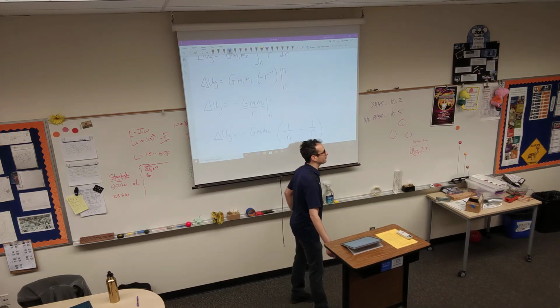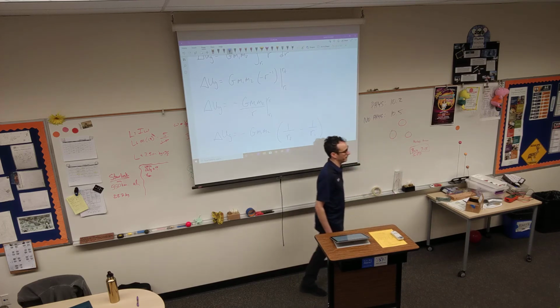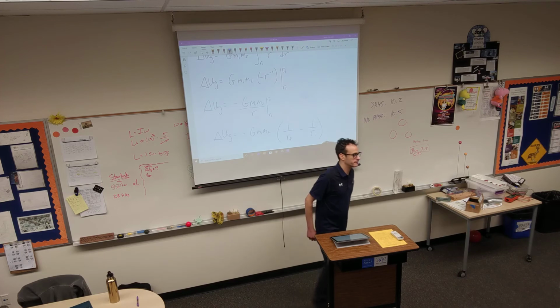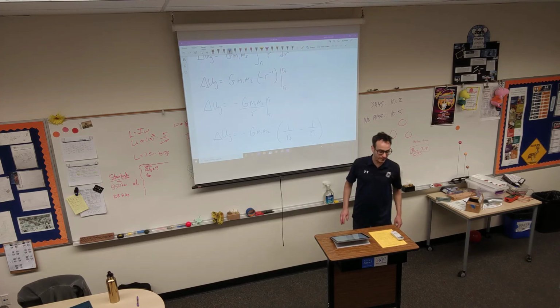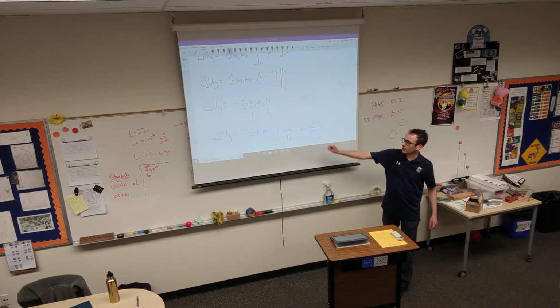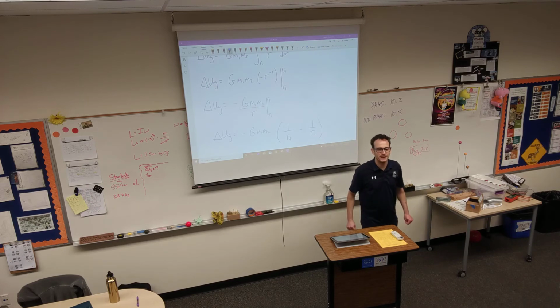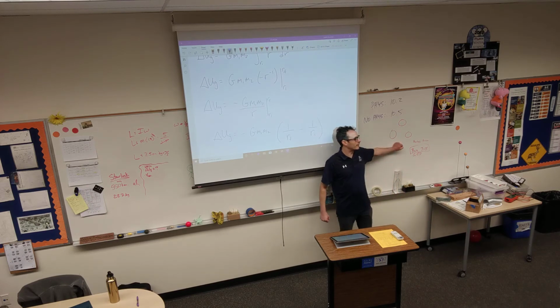Because that mgh is an approximation, assuming g is constant. That's why we need to take the integral. Especially because physicists go one step further. Those of you in AP1 remember something like this.